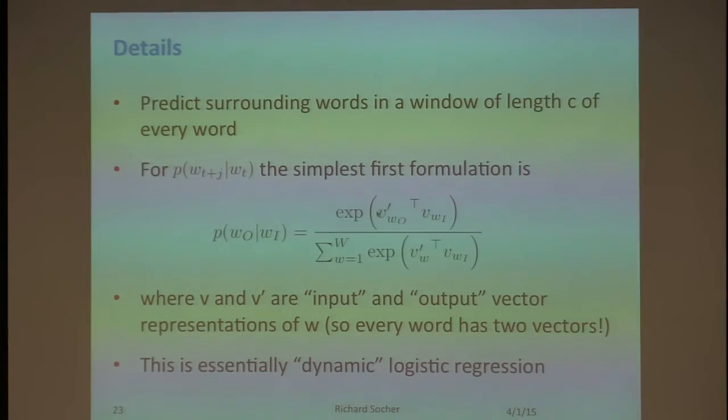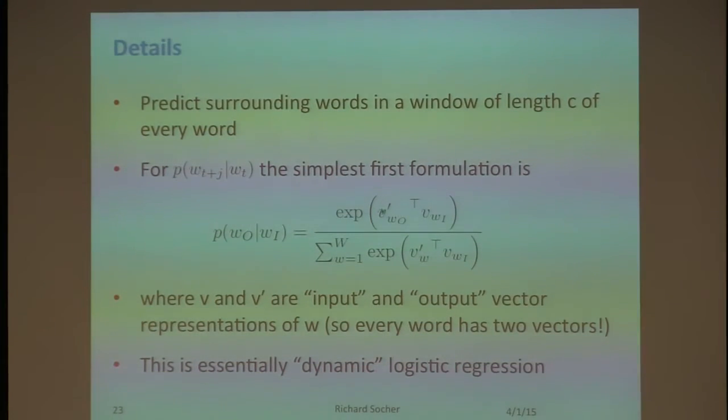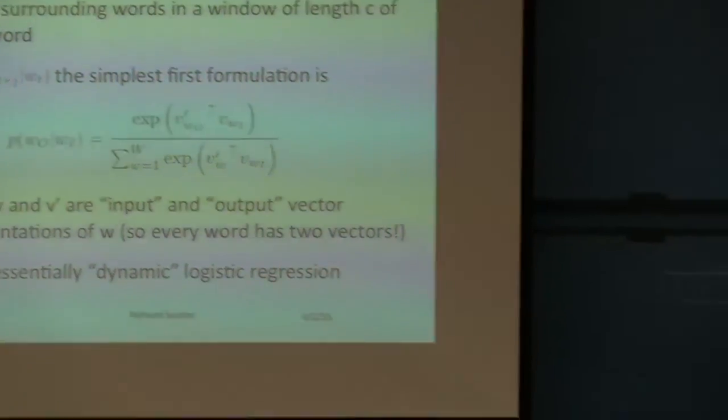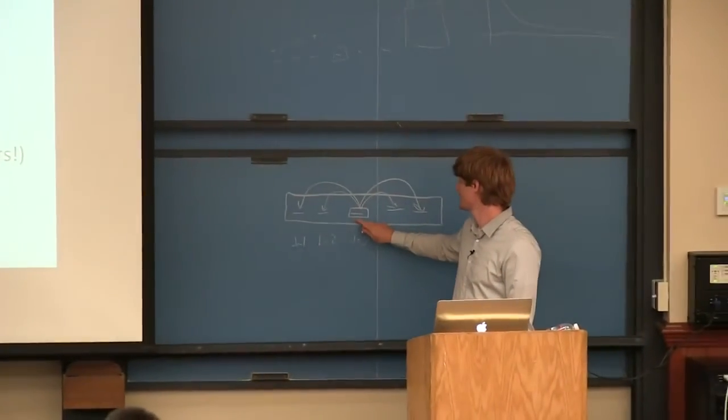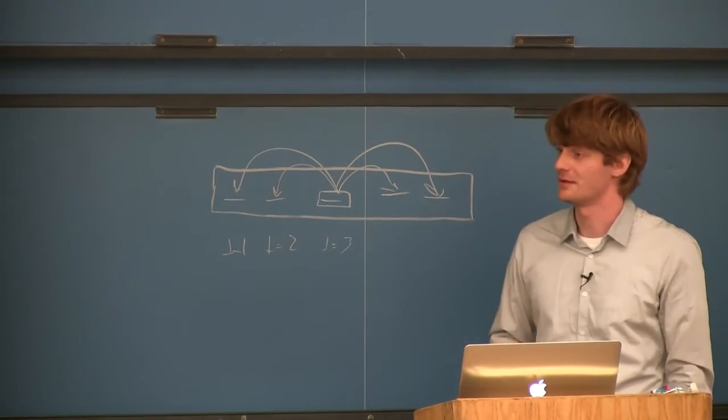One very important note here is that they will actually have a different set of vectors for input and output words. So right now, if I look at this window, I will learn a word vector for this representation as an input word, and I will update the output words here.